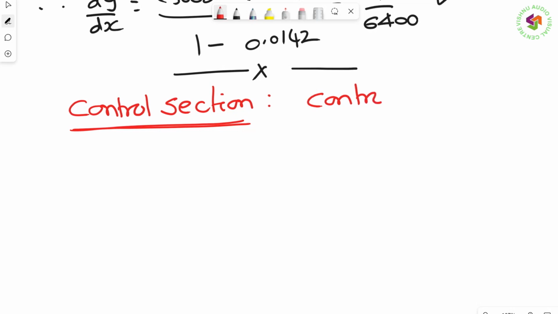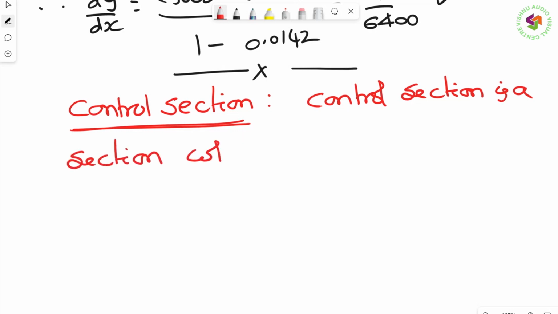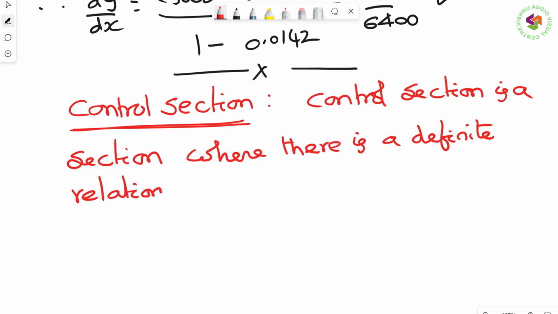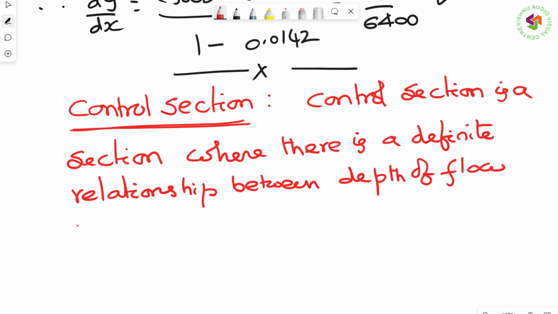A control section is a section where there is a definite relationship between depth of flow and discharge. Definite relation between depth of flow and discharge.